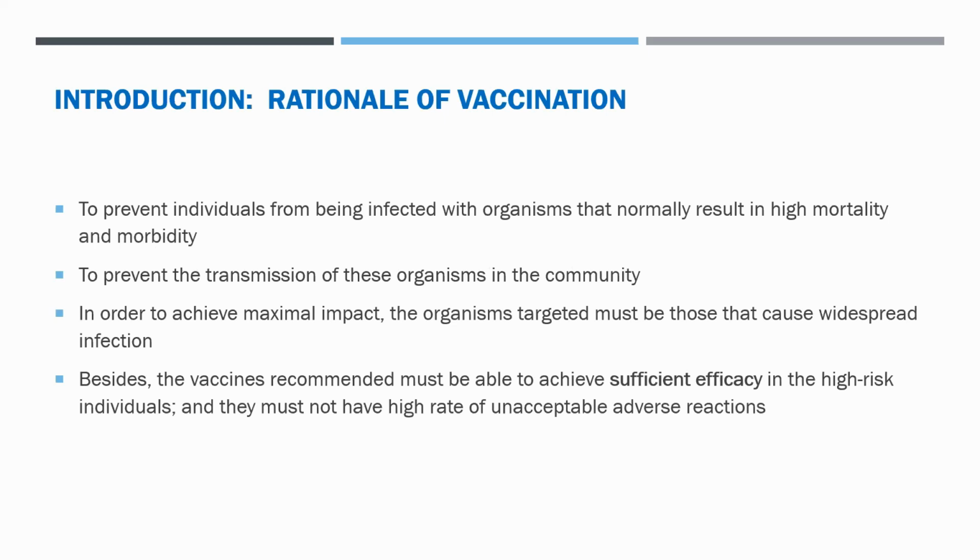So the following are the rationale of vaccination. When we implement vaccination, as you know, it is usually given to a wide range of individuals. The main objective is to prevent individuals from being infected with organisms, particularly those that normally result in high mortality or morbidities, like what we have seen recently with COVID-19, and in the recent past, the pandemic influenza, and also to a certain extent to prevent the transmission of these organisms in the community.